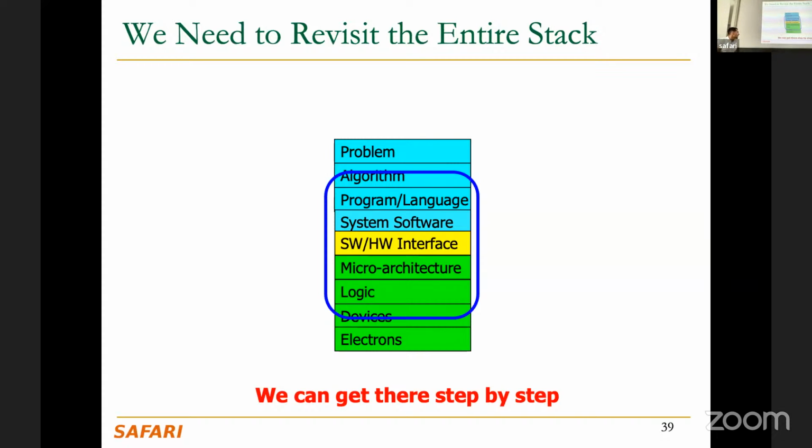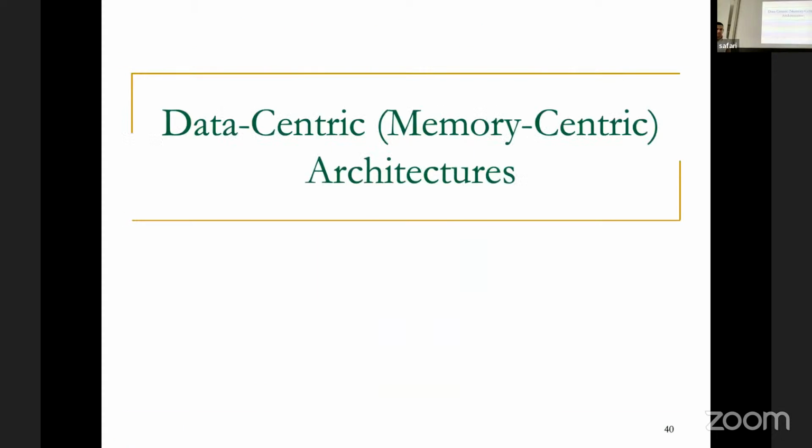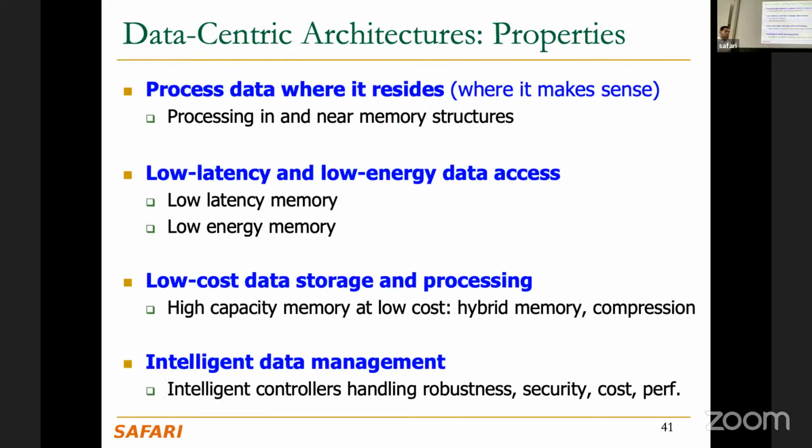To implement such more efficient and intelligent systems, we need a holistic view, looking at how we design algorithms, the interface between these algorithms and the hardware, and the hardware itself. And this leads me to talk about the implementation of data-centric or memory-centric architectures.